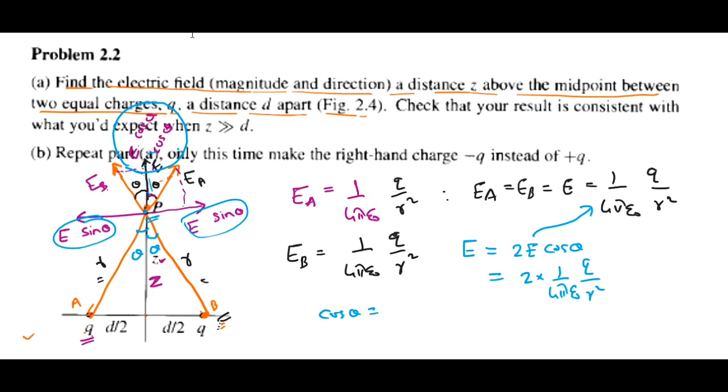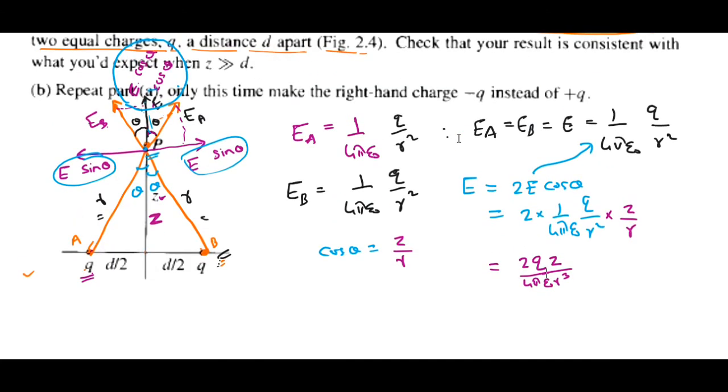So I can write cos theta as z by r. The field is 2q divided by 4 pi epsilon 0 r cube, into z.